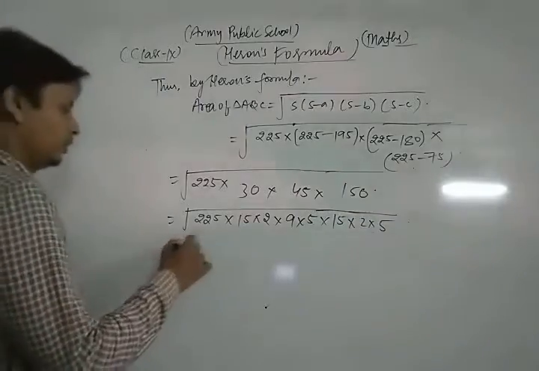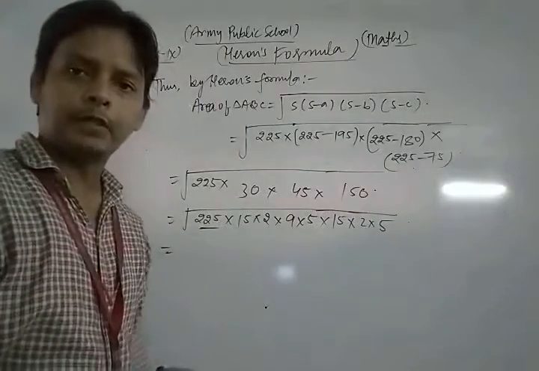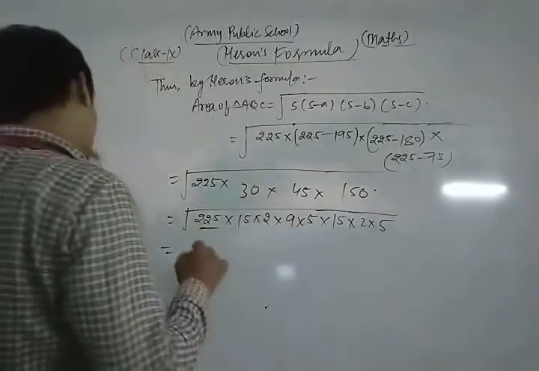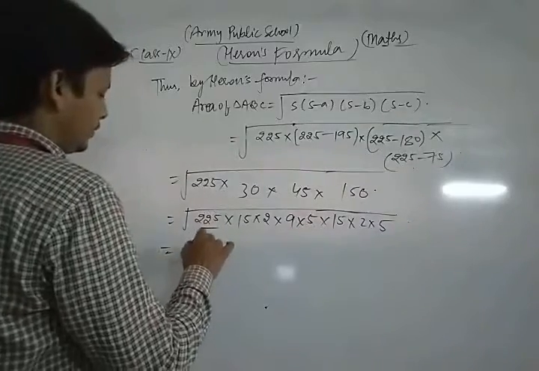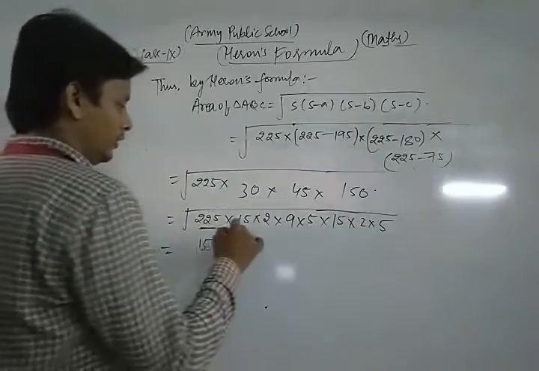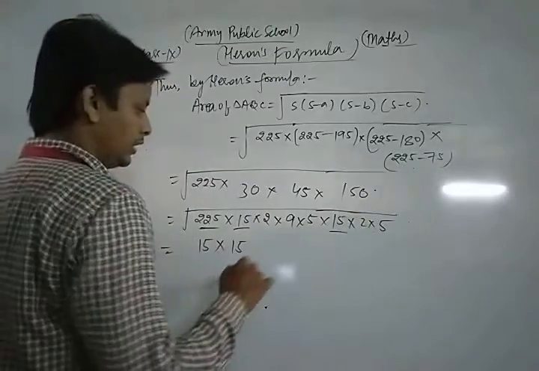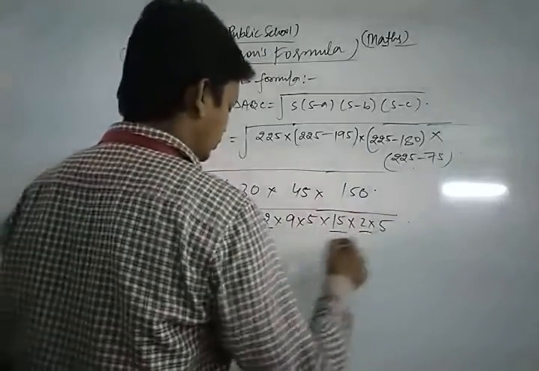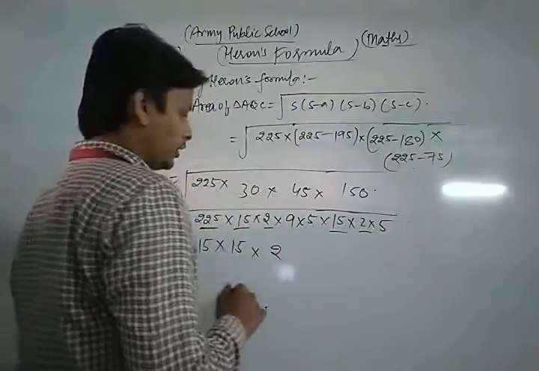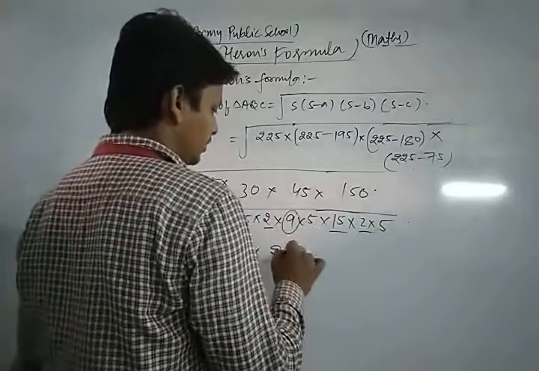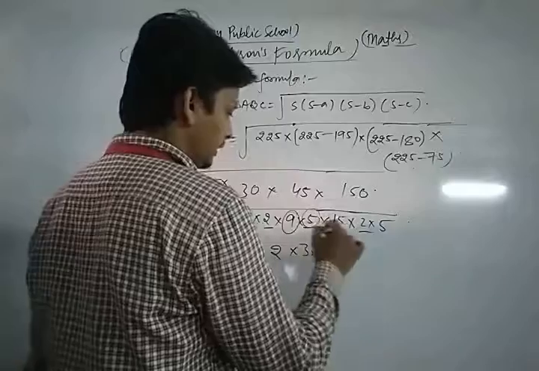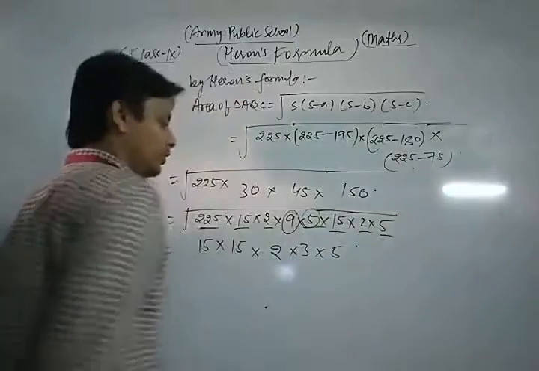Now from the square root, 15 is common because the square root of 225 is 15. Here 15 is in pair with 15, so 15 comes out. Also 2 is in pair, so 2 comes out of the square root. The square root of 9 is 3, and 5 is in pair, so 5 comes out of the square root.